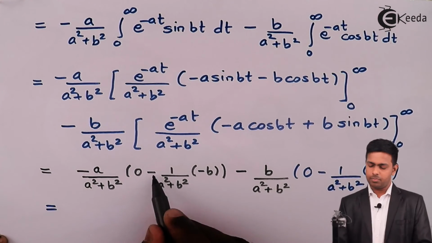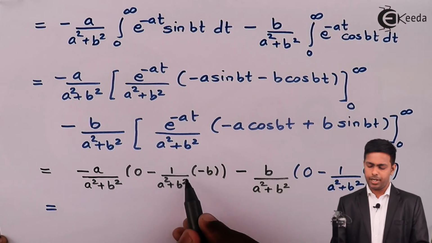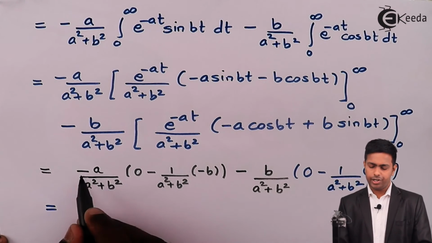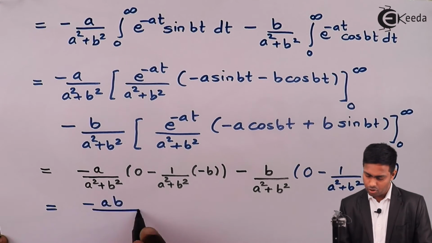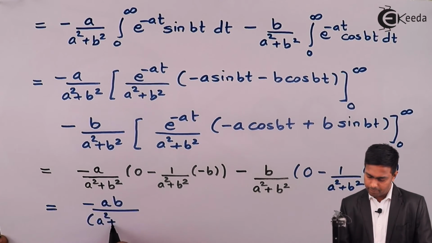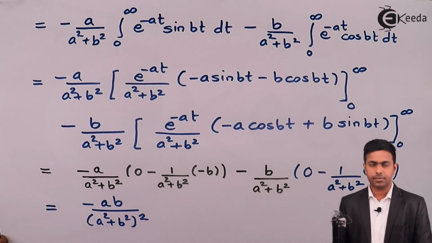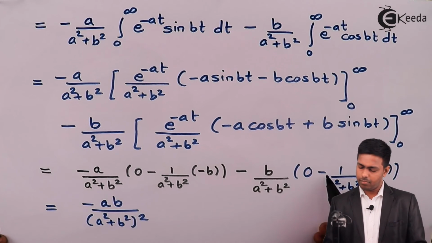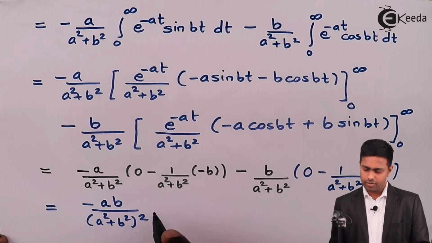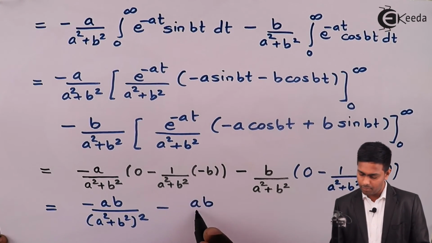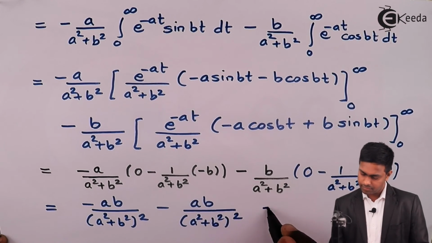So this is minus minus plus b upon a square plus b square, into this will be minus ab upon a square plus b square the whole square. This is again minus minus plus a upon a square plus b square into this, so minus ab upon a square plus b square the whole square.